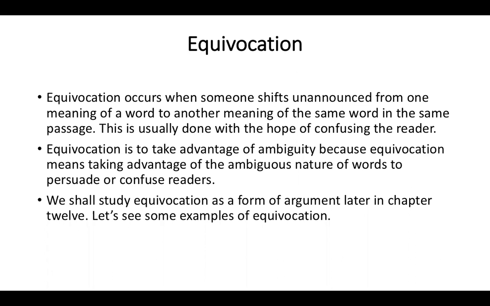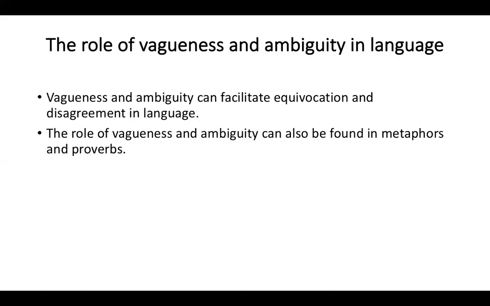So equivocation is to notice that one word or certain words are capable of two meanings, so you can use those words in a way that suggests one meaning at a time and another meaning at the same time. We shall study equivocation as a form of argument later in chapter 12, but let's see some examples of equivocation now.